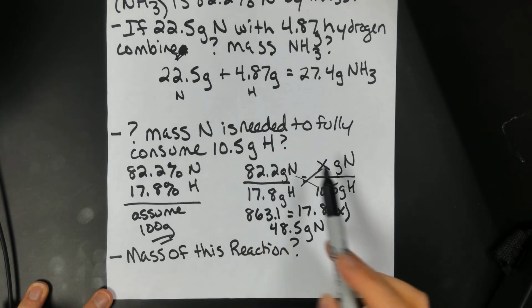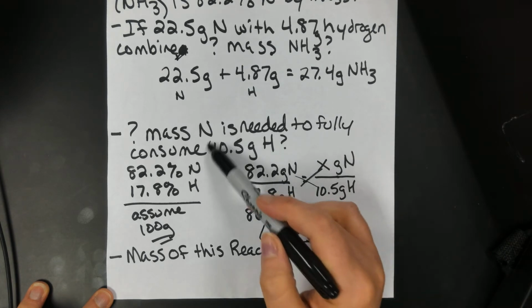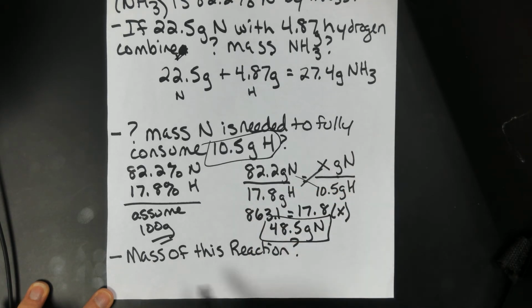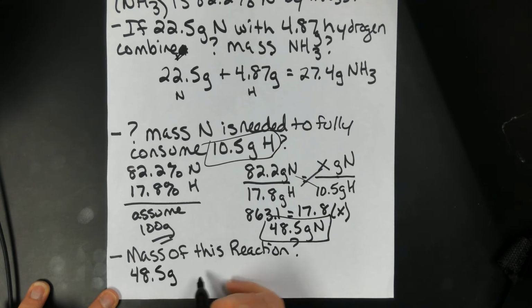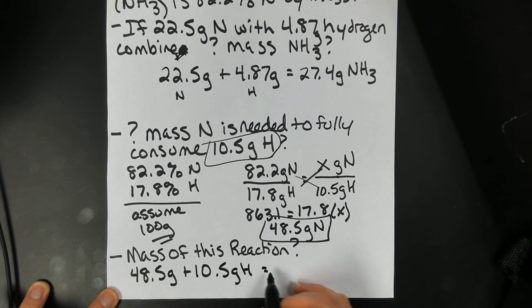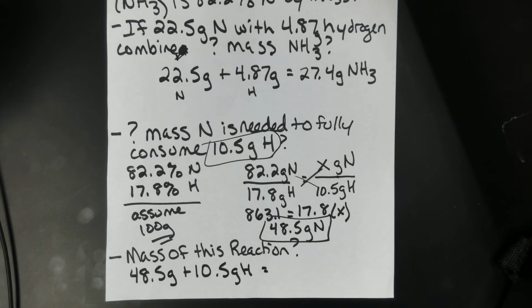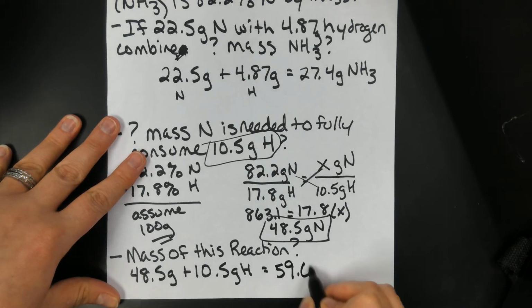It's going to be the mass of nitrogen and hydrogen added together, because all we're doing is adding 48.5 grams of nitrogen and 10.5 grams of hydrogen. If I type that in my calculator, I get 59.0 grams of the final product, the NH3.